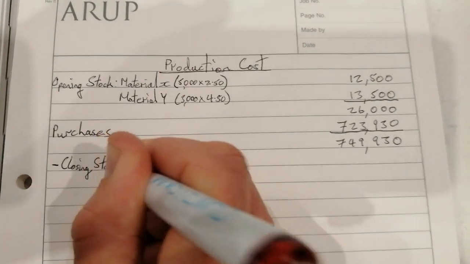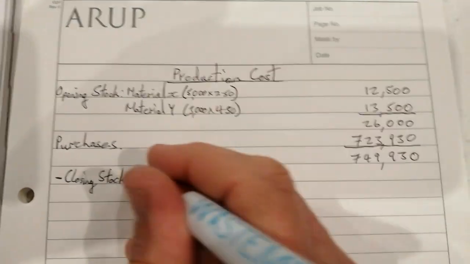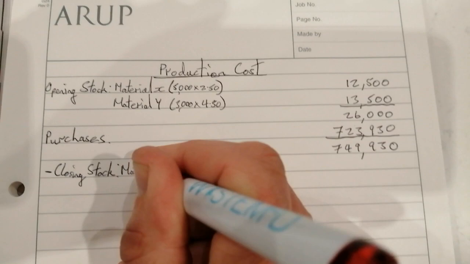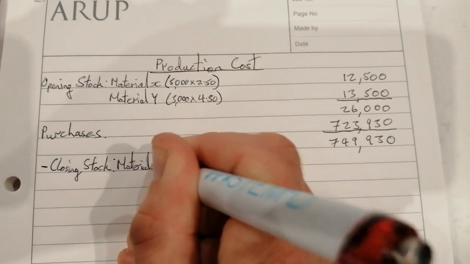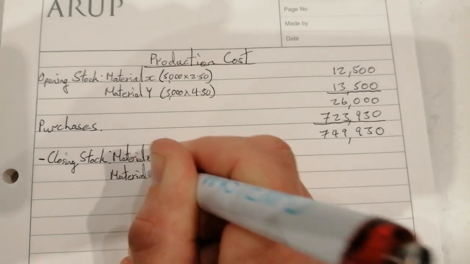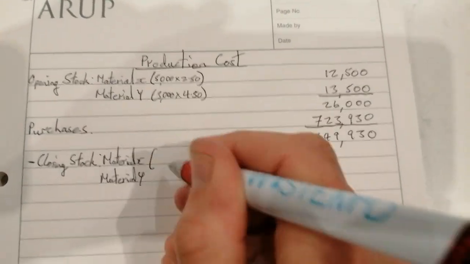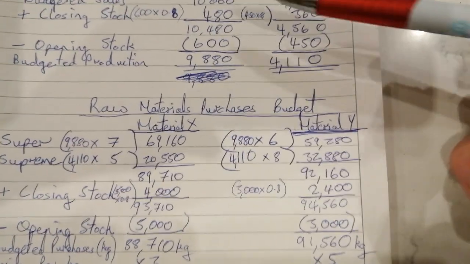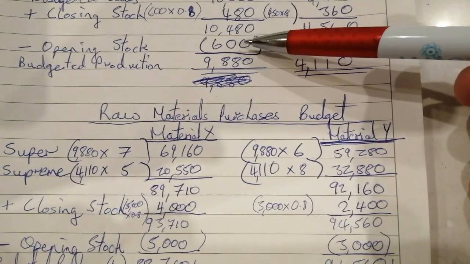And again, with the closing stock, there's going to be a closing stock of material X and material Y. And how much you have in closing stock, again, you've already worked this out because we saw that you had reduced your stocks from what they were at opening levels.